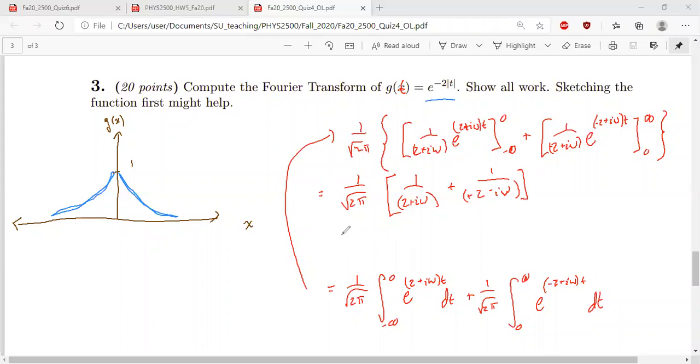And not a bad idea, we can rationalize these denominators. So for instance, we could multiply this by 2 plus I omega over 2 plus I omega.